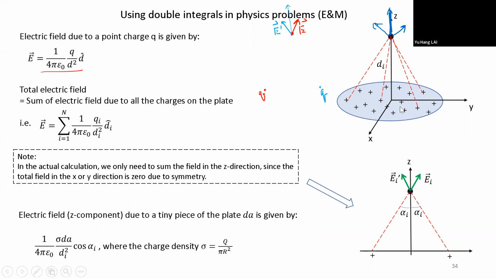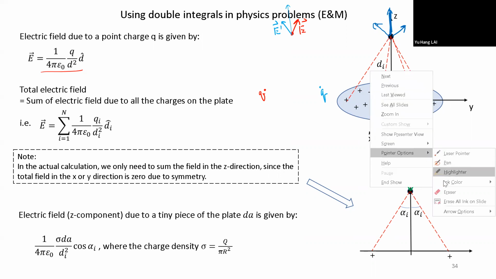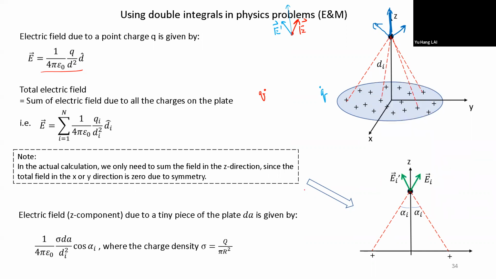But if you want to look at it in a more microscopic way, you could imagine that whenever I consider a small region, maybe somewhere here, you'll receive an electric field like this. You can always find a complementary part of this plate which is canceling your horizontal component.